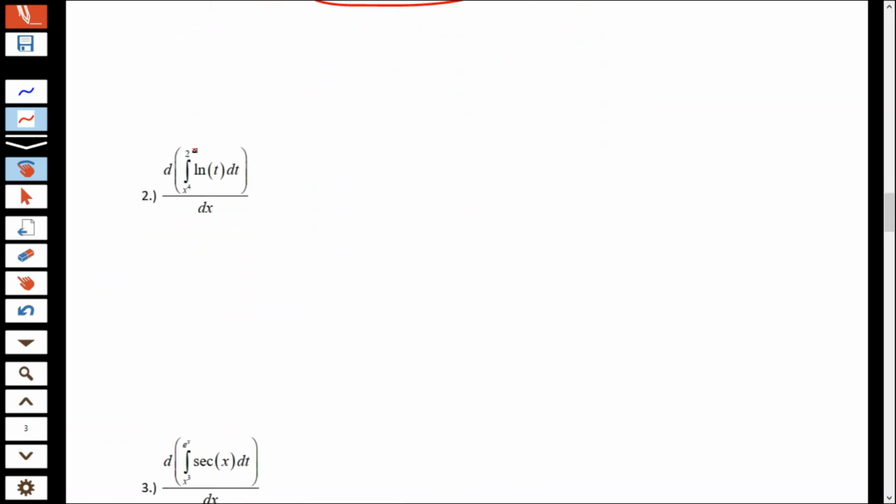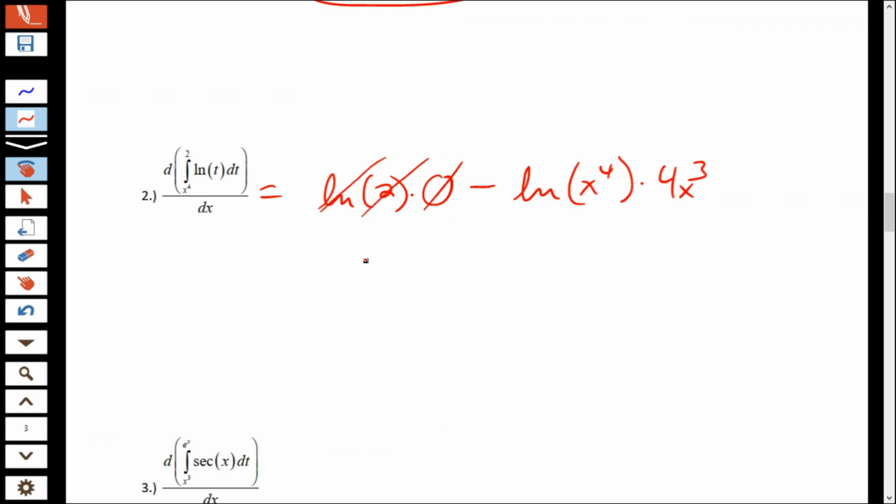Take a look at number 2. Here, the constant is on top. So, do not change the inside function here. All we're going to do is plug in the top bound, multiply by the derivative of the top bound, minus, plug in the bottom bound, multiply by the derivative of the bottom bound. Of course, that term disappears.